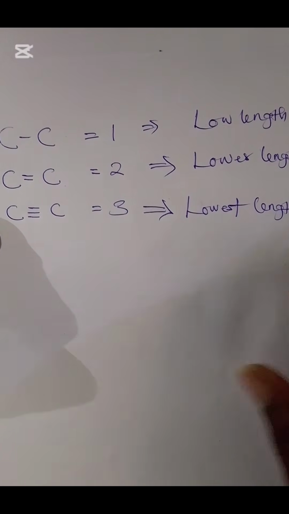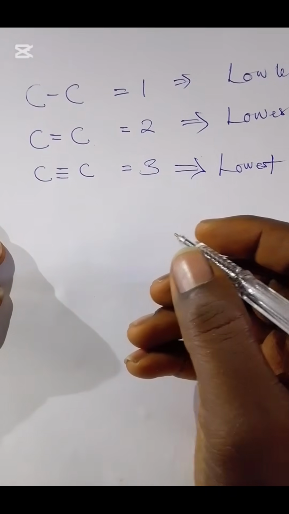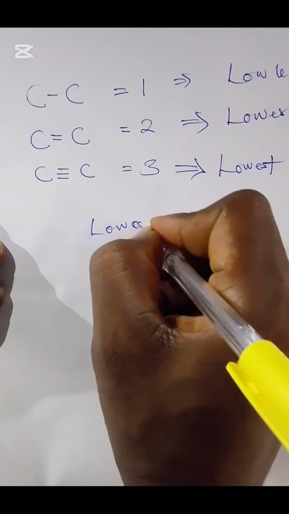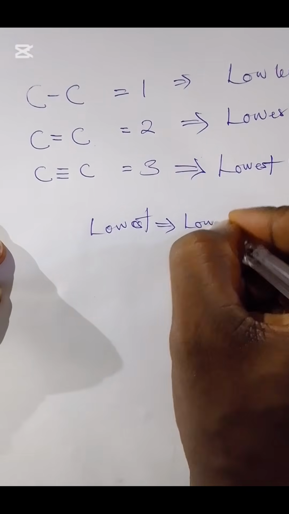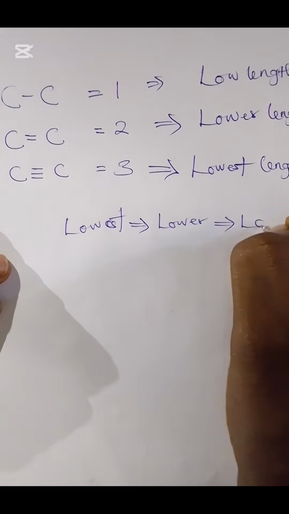According to the question, we were required to determine the bond lengths in increasing order. So this will give lowest before lower, then before low.